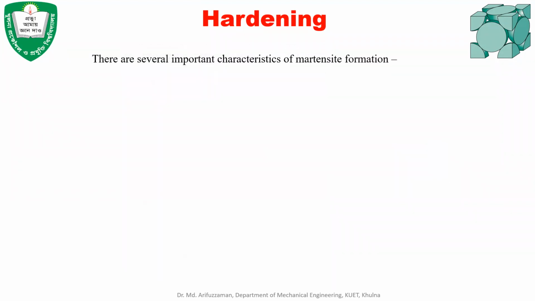All right. There are several important characteristics of martensite. First, the transformation is actually diffusionless. That means carbon atoms cannot diffuse out of the structure, and there is no chemical composition change.